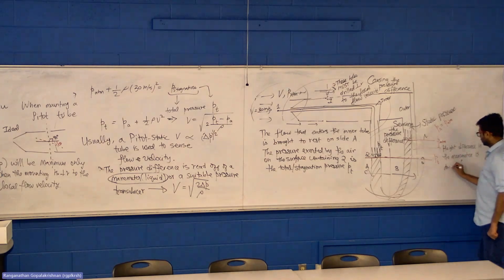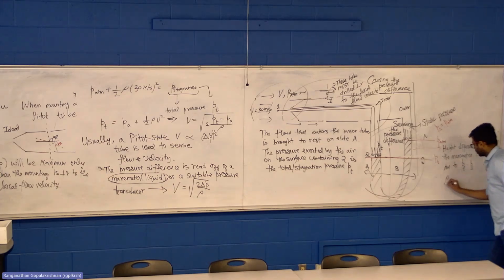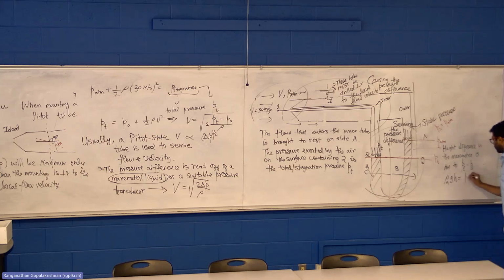It is due to PT minus PS. So rho manometer times g times h is equal to PT minus PS.